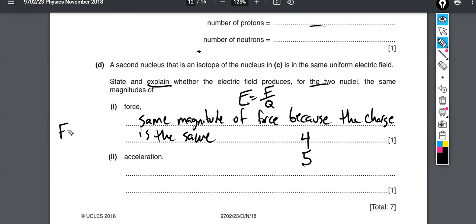So we have to keep in mind F equals ma. This is the same. But because the mass is going to be different, right? Like what is an isotope? It's something that's either heavier or lighter because there's a different number of neutrons. So instead of the second nucleus being 9U, it's either 8U or 10U, or there might be even more neutrons than that, right?